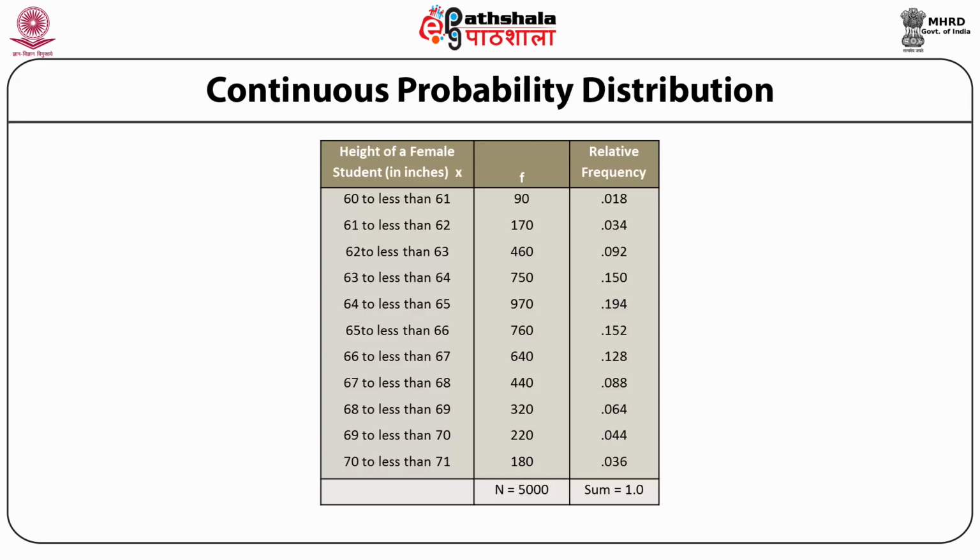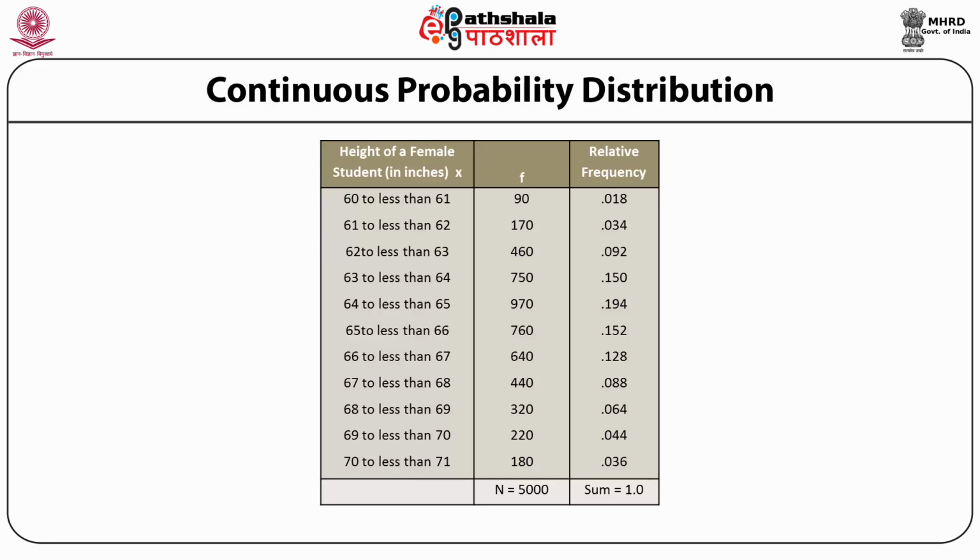In this figure we will plot all the values, and we will see that this will match a bell-shaped curve. Not exactly a bell-shaped curve, but it is likely to be.